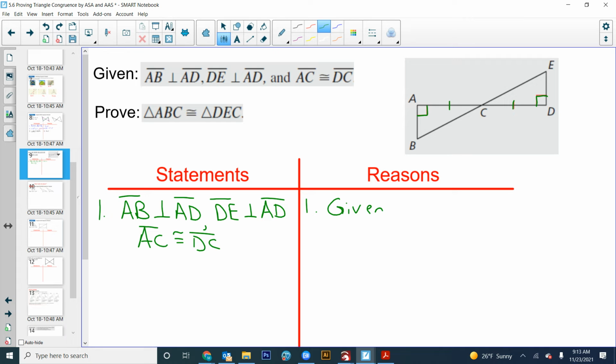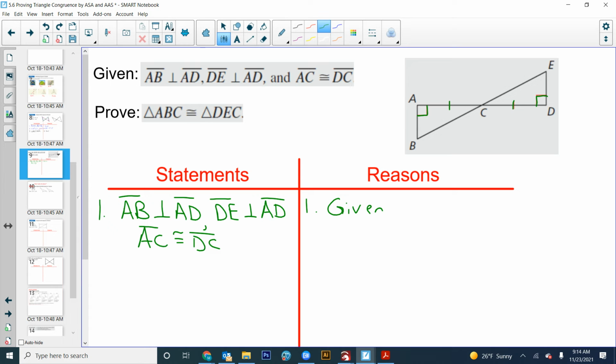Where are the H's? The hypotenuses. BC and EC. Can we say they're congruent? Because if we can't say the hypotenuses are congruent, we can't use HL. We can't. We're not told C is a midpoint, are we? We're not told they're congruent. What are we going to have to do?